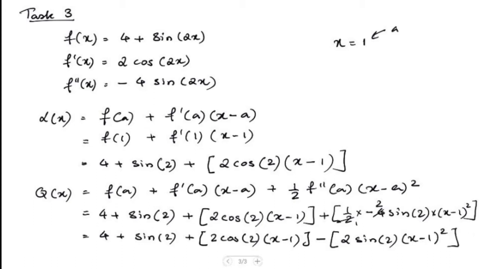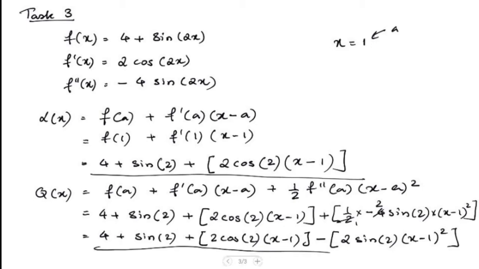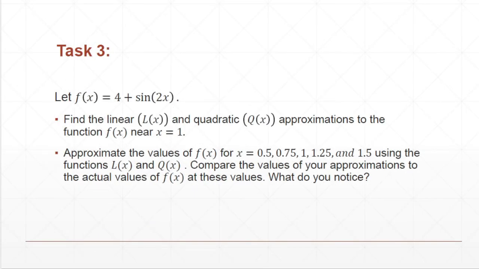Now we have the formula for L(x) and the formula for Q(x), and we'll use them to approximate different values of x, as the question says: approximate the values of f(x) for x equals 0.5, 0.75, 1, 1.25, and 1.5 using the functions L(x) and Q(x) that we just got.